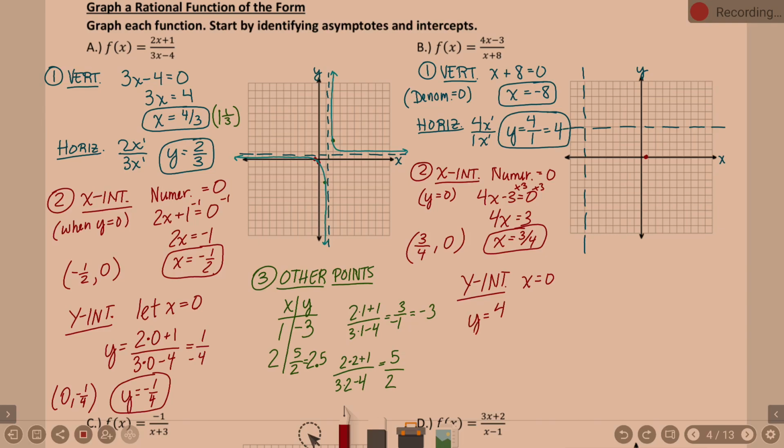Y equals 4 times 0 minus 3 over 0 plus 8. 4 times 0 is 0 minus 3 is negative 3. 0 plus 8 is 8. So we have negative 3/8. And again, if you want the ordered pair, it's 0, comma, negative 3/8. I don't know if the ordered pair is better or not for you guys, so.